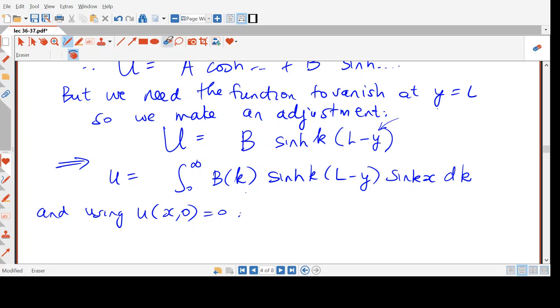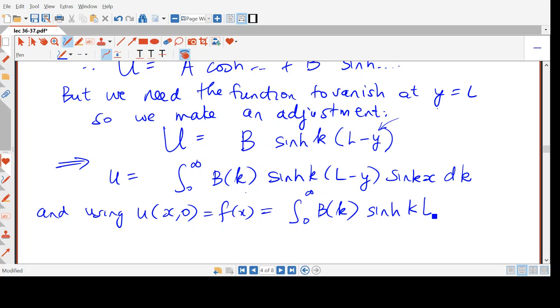So, sorry, u of x naught is f of x. That was given by the conditions on the top. When you substitute y to be naught, you get the integral from naught to infinity of b of k sinh kL sine kx dk, because y is naught.